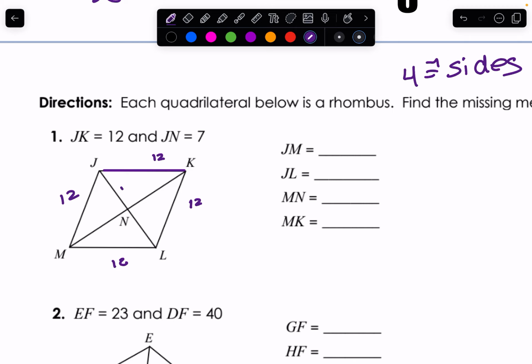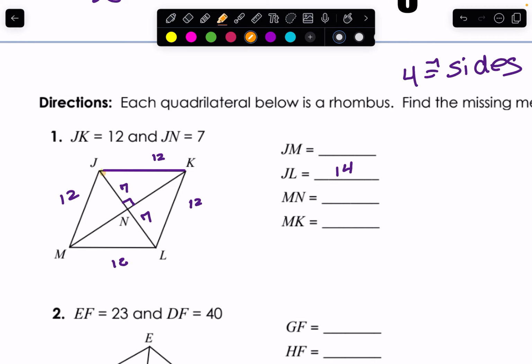If JN is 7, then I know that NL is also 7 because the diagonals still bisect, so JL is going to be 14. I don't know what MK is yet because the diagonals are not congruent in a rhombus. I do know that the diagonals are perpendicular.